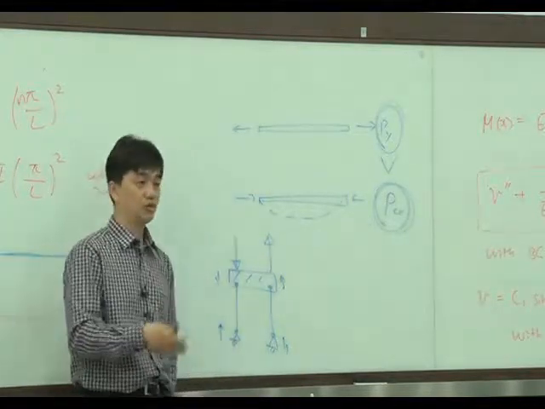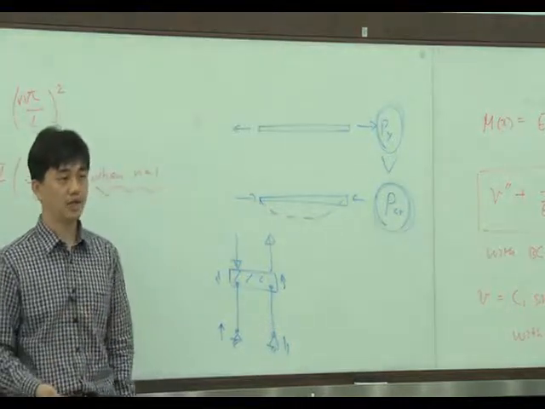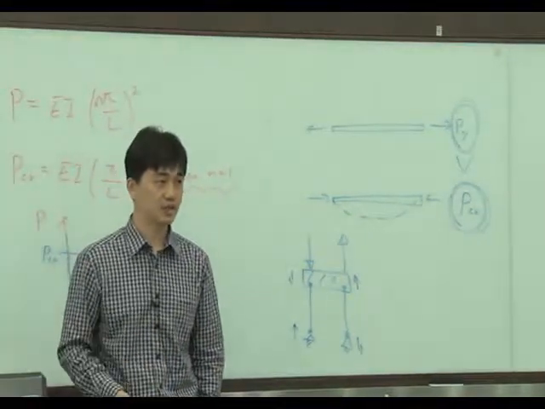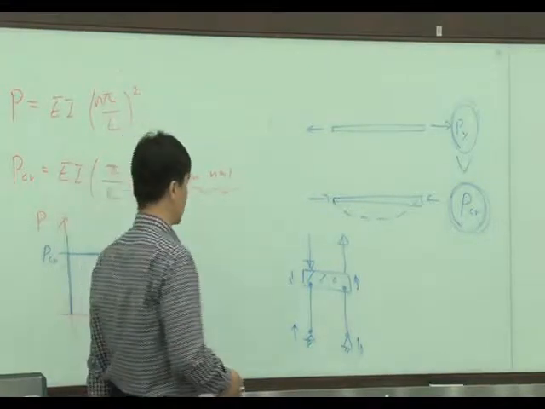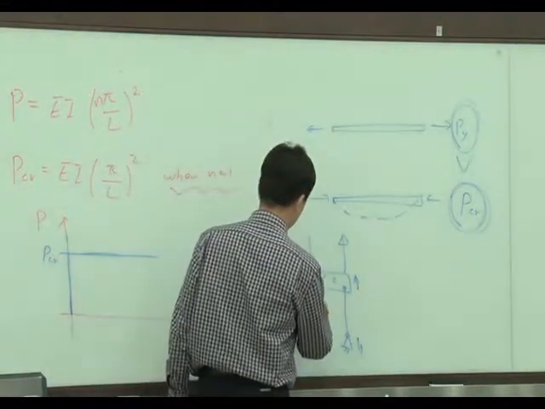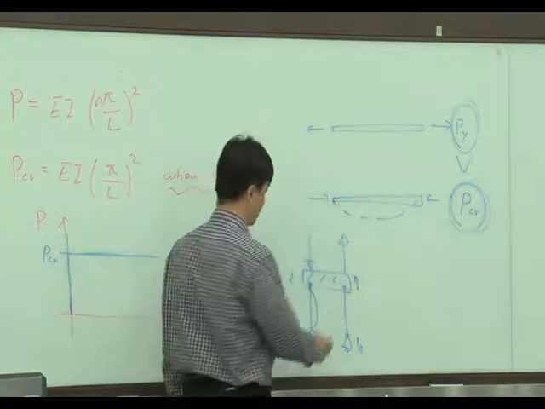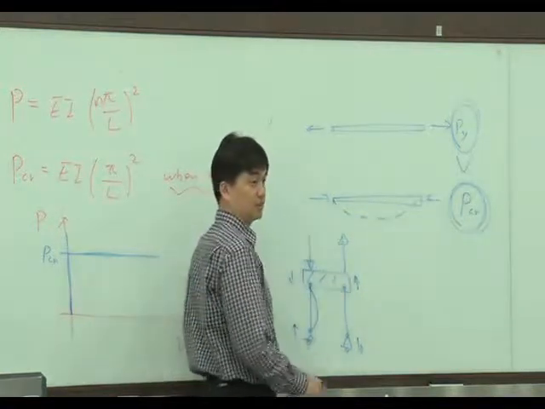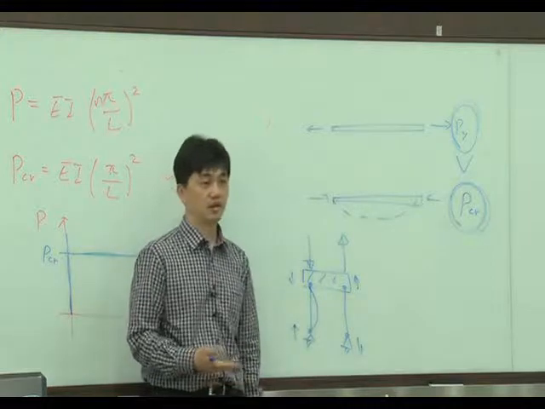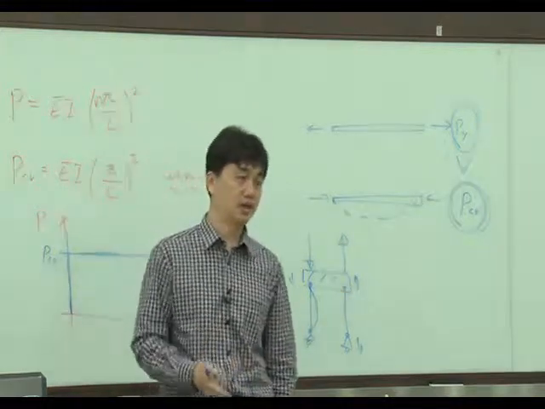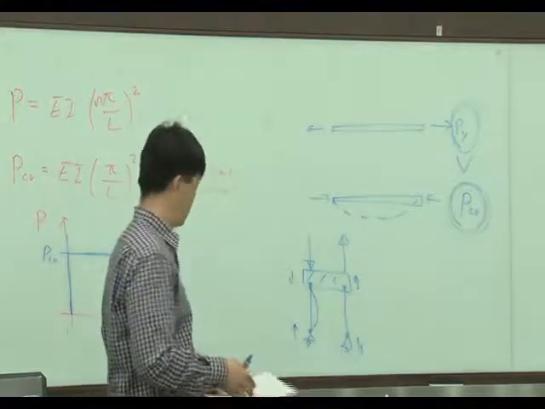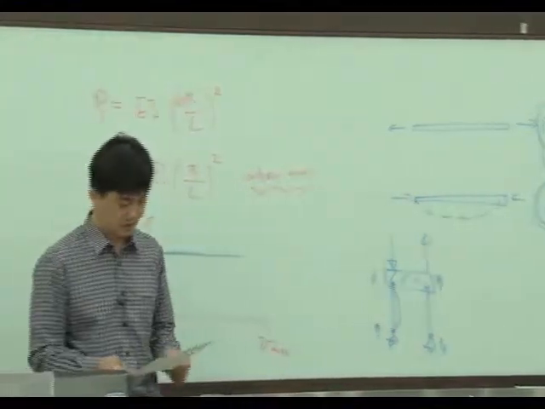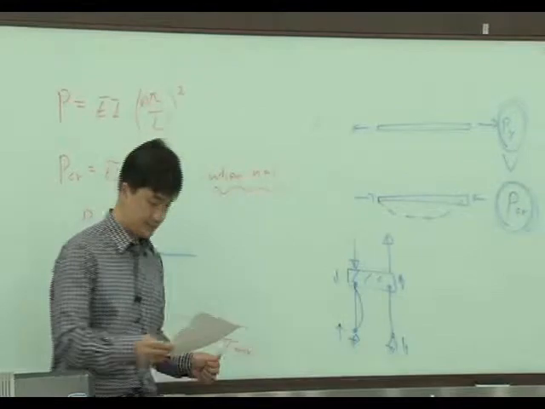And if I assume both bars have the same length and same cross-sectional area, which one fails first? Of course, this one fails first. It will fail like this. So failure is governed by buckling.